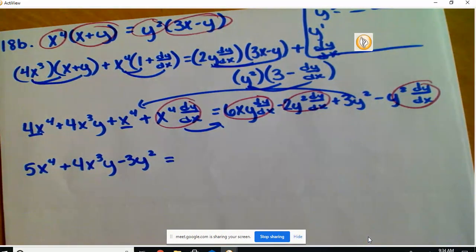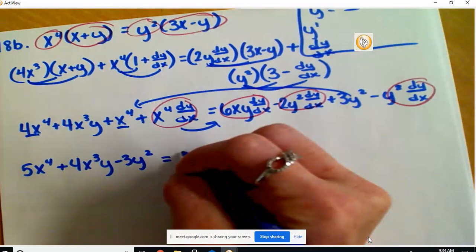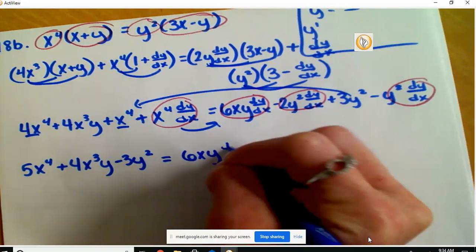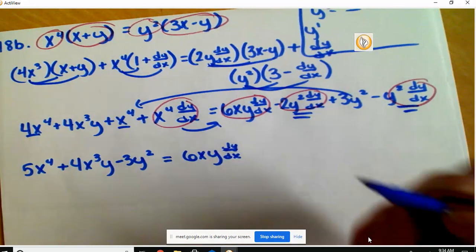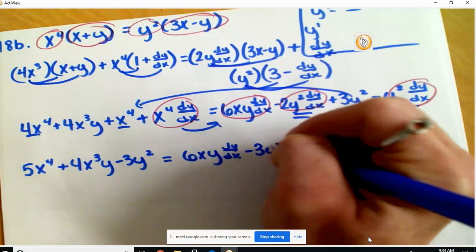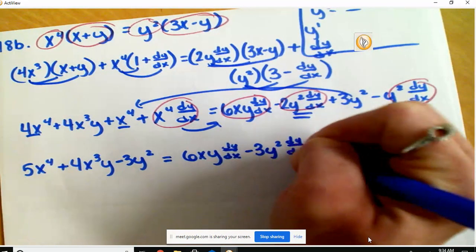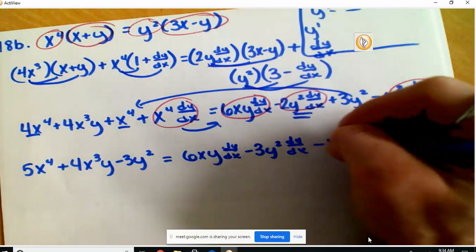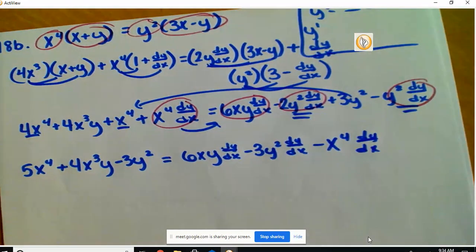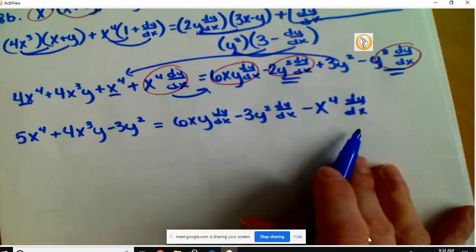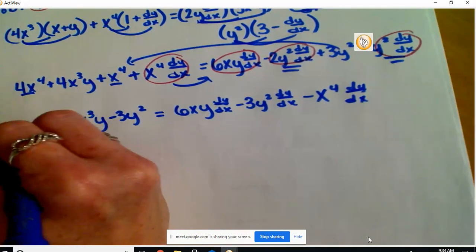Okay, over here I have my 6xy dy/dx. Negative 2y squared and negative y squared will give me a negative 3y squared dy/dx. And we subtracted over the x to the fourth dy/dx. Okay, so everything over here has a dy/dx. What do you do?